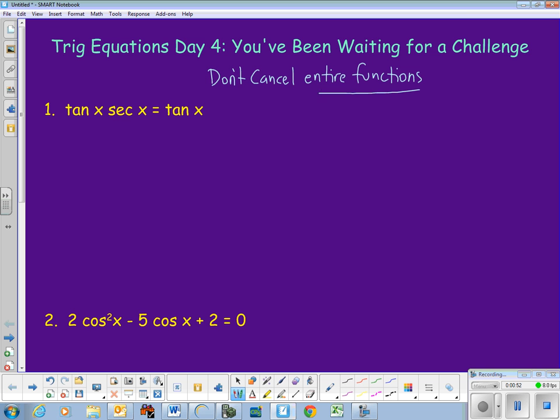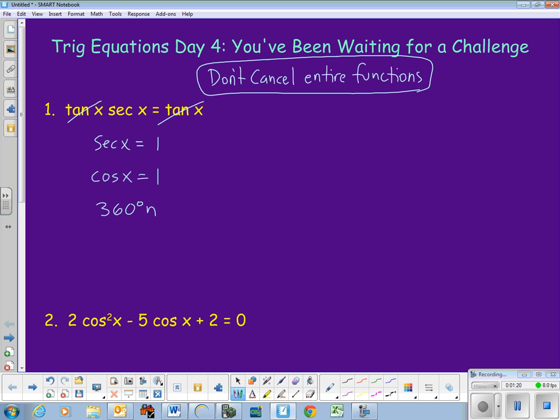So the theme of this question is don't cancel entire trig functions. What people will want to do is say divide each side by tangent. Secant x equals 1. Secant x is 1 when secant goes with cosine, when cosine is 1, and cosine is 1 at 0 and 360, and so 360n.